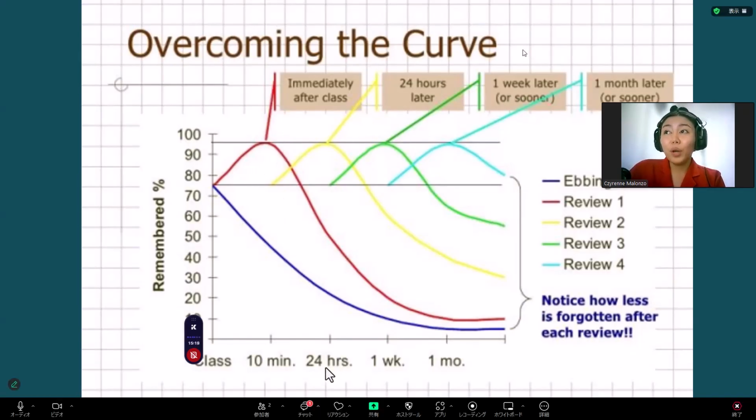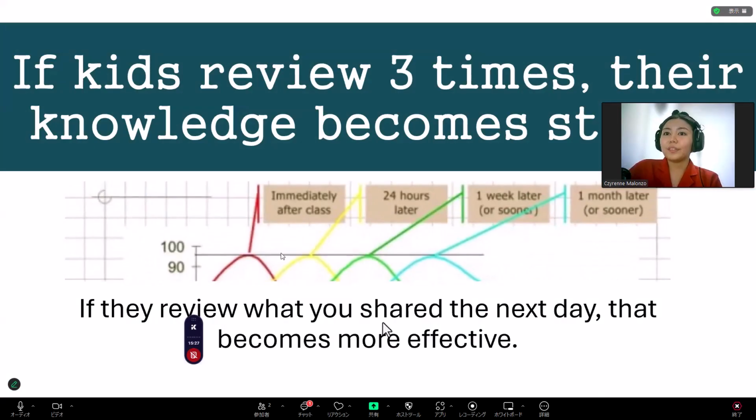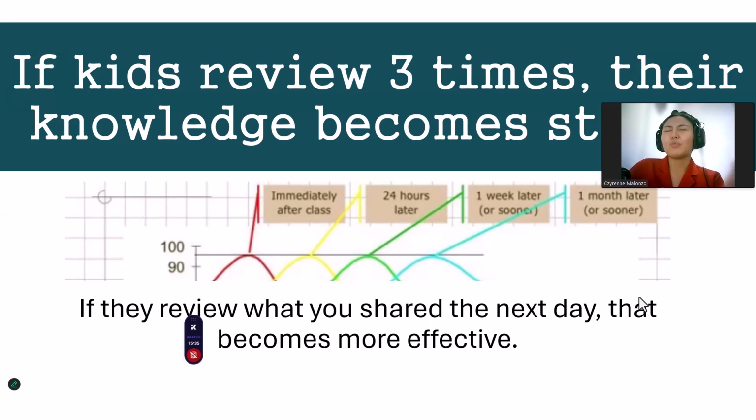And maybe 1 week later, they can review it. So it remains in their brain. So here again, if your students review 3 times, there is a good chance that they will always remember what they learned from you. Here we see that learning becomes more effective.